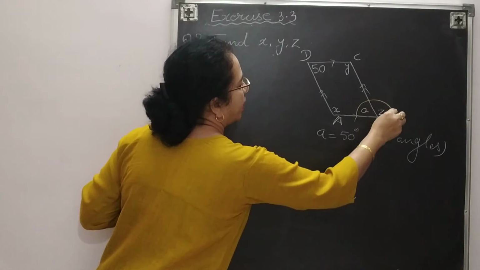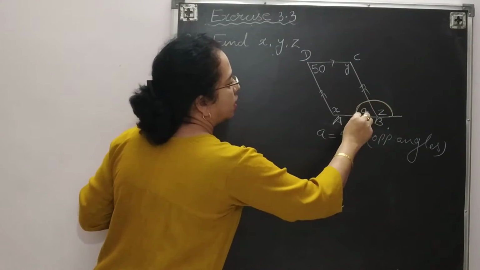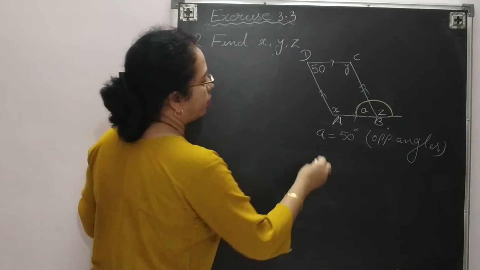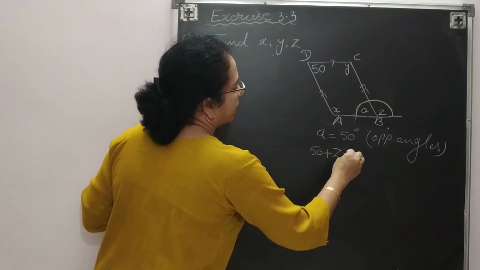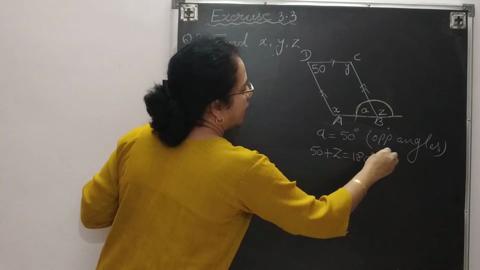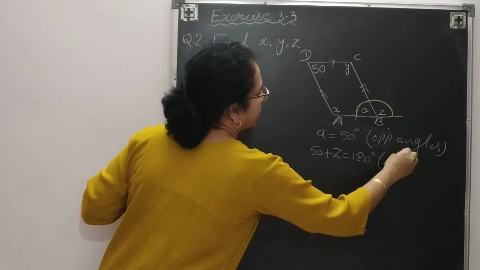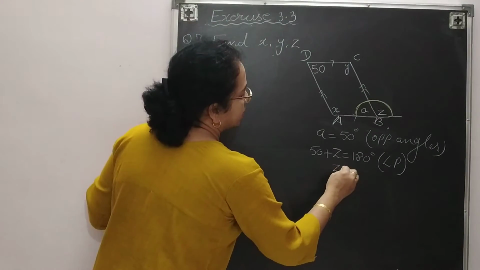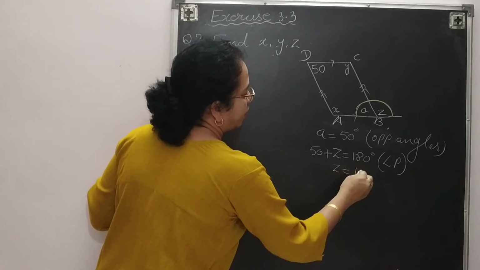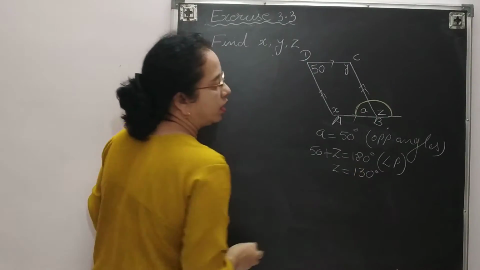With the help of A, can you find out this Z? These two are in linear pair. So you can write down 50 plus Z is equal to 180 degree. What is the reason? Linear pair. LP I am writing for linear pair. So Z is equal to 180 minus 50 will give you 130 degree.